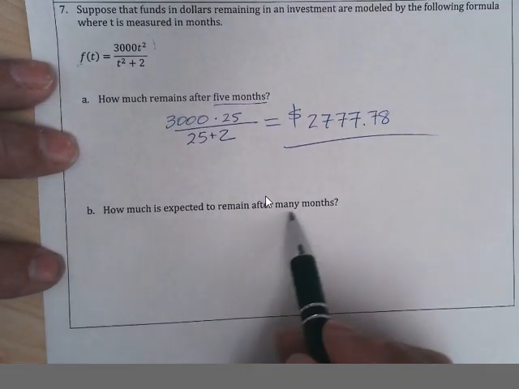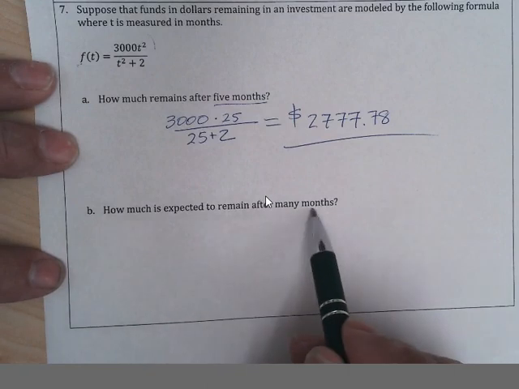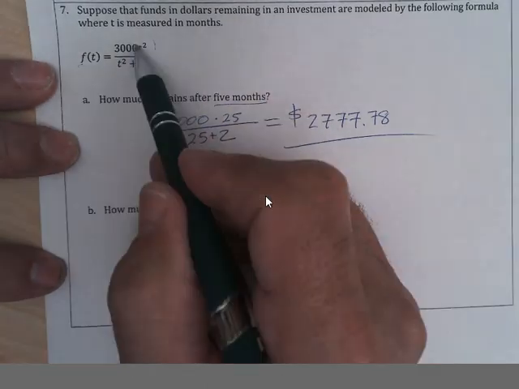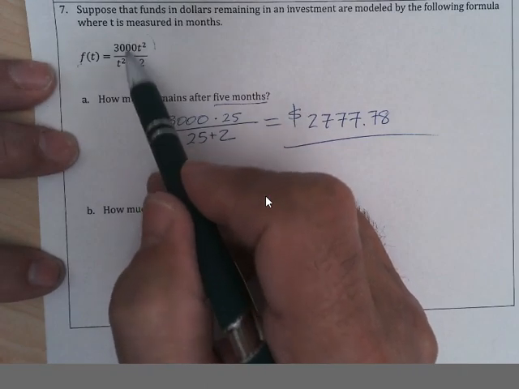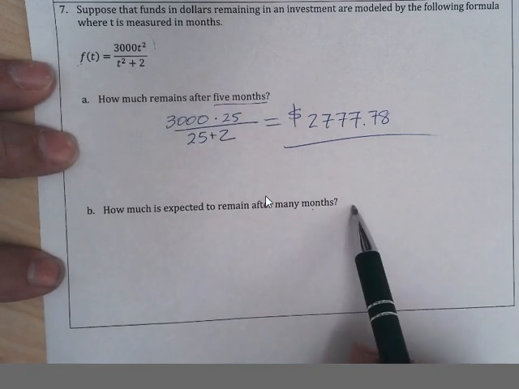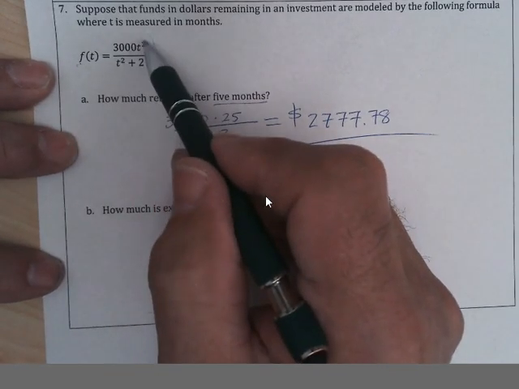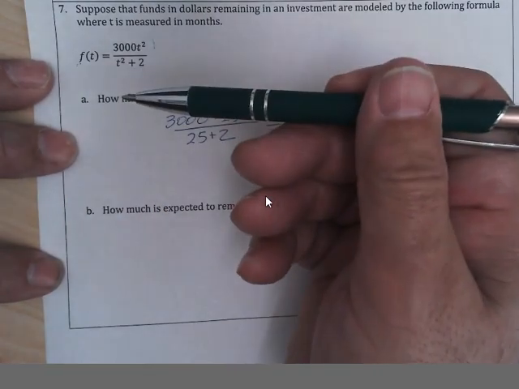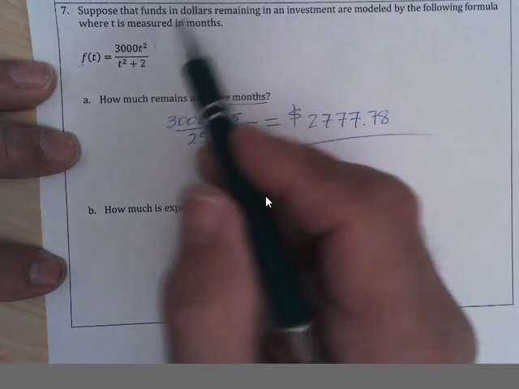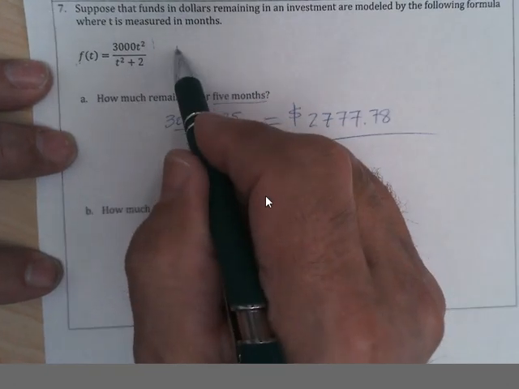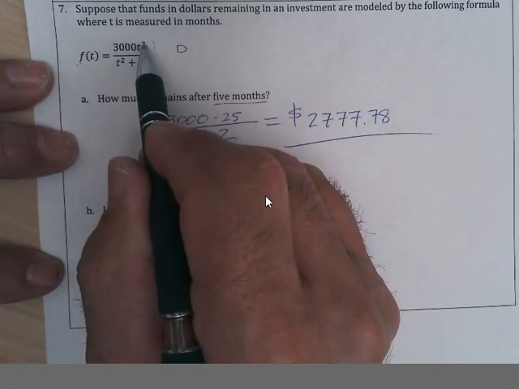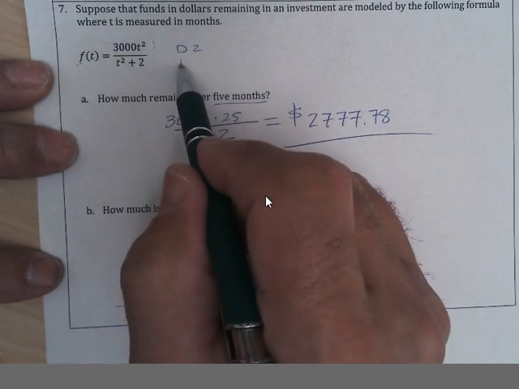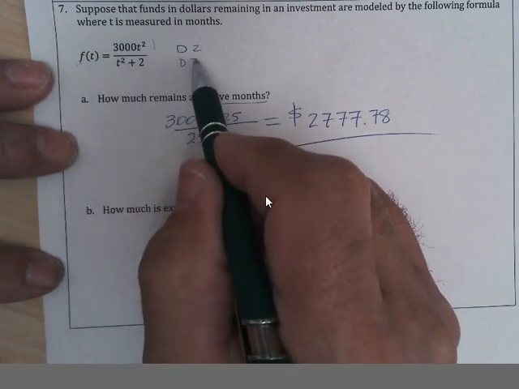How much is expected to remain after many months? Well, this is a kind of function we have been doing where if x gets large, it goes to some kind of either a horizontal or oblique asymptote. Well, let's look at the degrees. The degree of the numerator is 2. The degree of the denominator is 2.